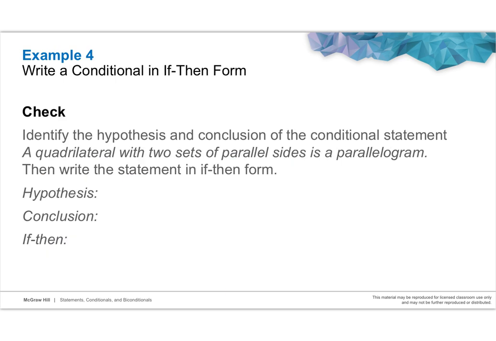In our check for example 4, we are on page 164, and we're writing this conditional in if-then form. It says a quadrilateral with two sets of parallel sides is a parallelogram. So our hypothesis would be a quadrilateral has two sets of parallel sides.